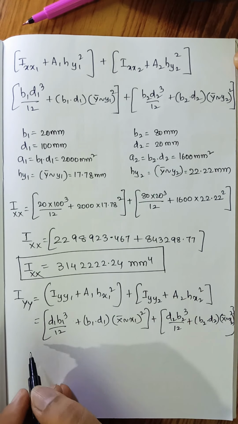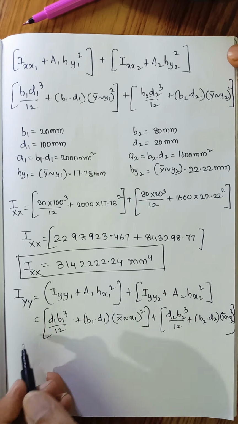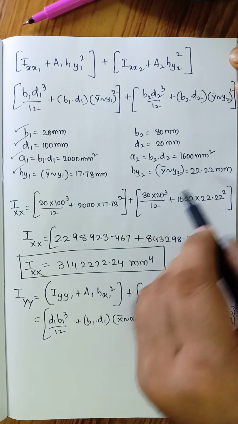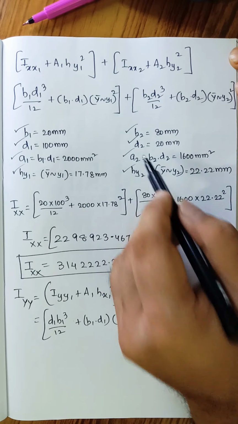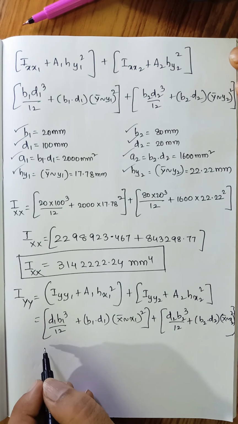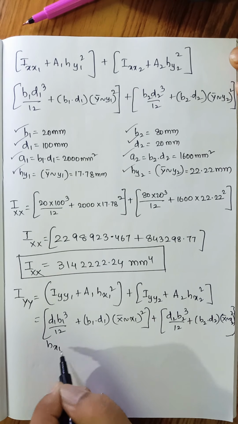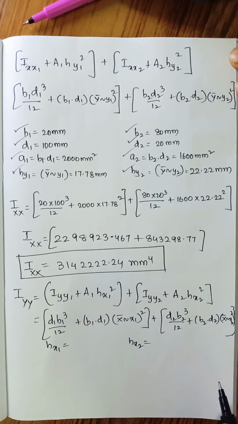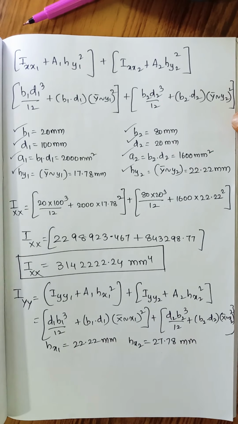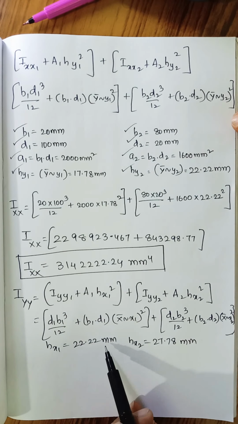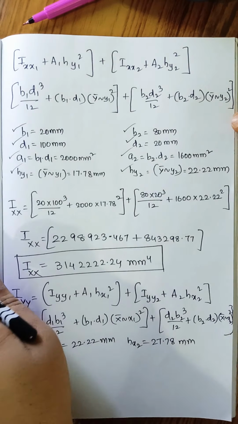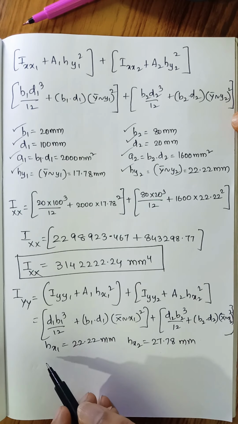Now let me write down all the values again. Already I have written b1 d1 a1 and hy1, b2 d2 a2 as well as hy2. So the only thing we require here is hx1 and hx2. So hx1 is 22.22, which is already calculated, and hx2 will be equal to 27.78 millimeter. So I'm substituting all the values in here.